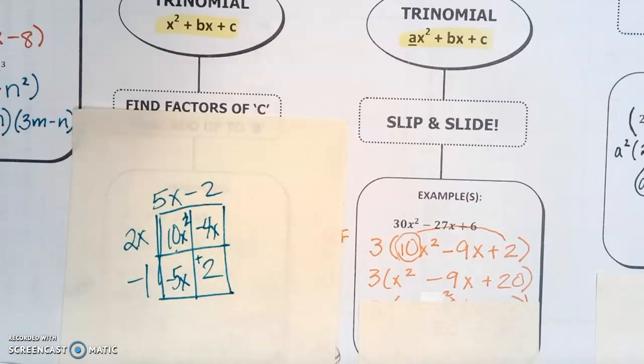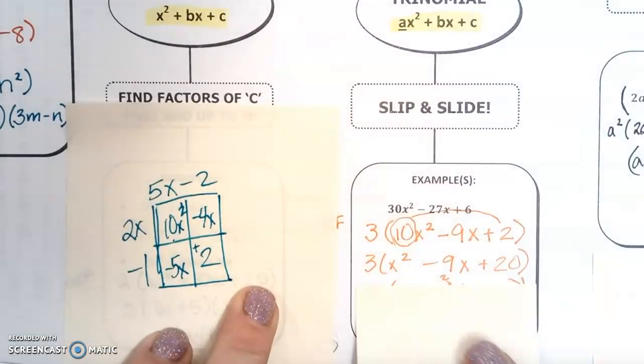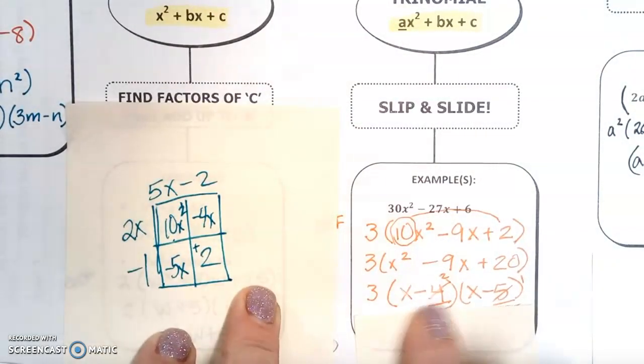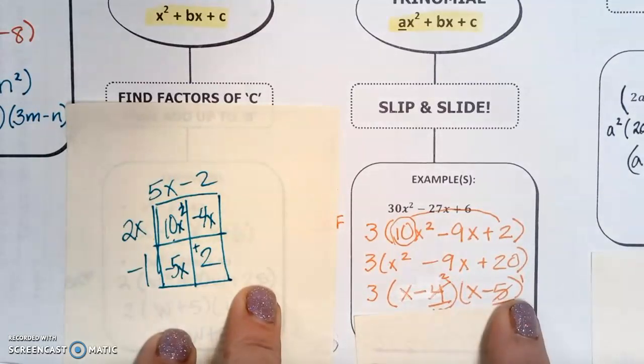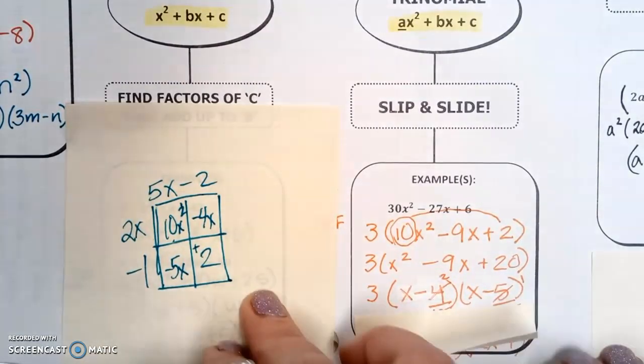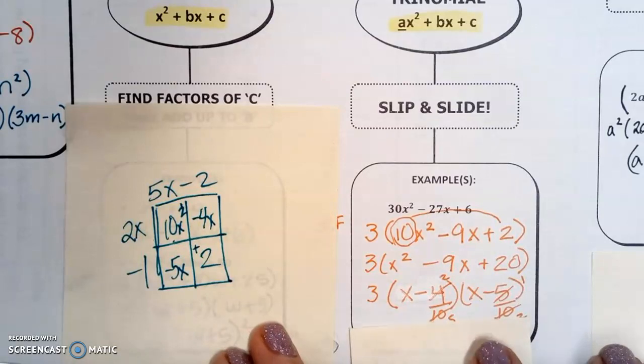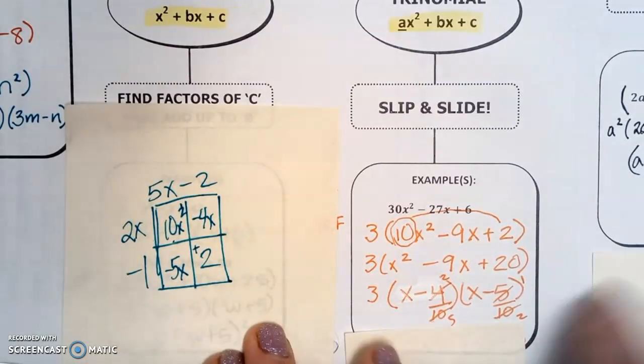The 2 numbers that multiply to get positive 20, but add to get negative 9 are your negative 5 and your negative 4, right? Same thing as what you would do in the box trick. So we're going to rewrite it as x minus 4 times x minus 5, but then you need to divide each of them by the 10 that you just multiplied by.